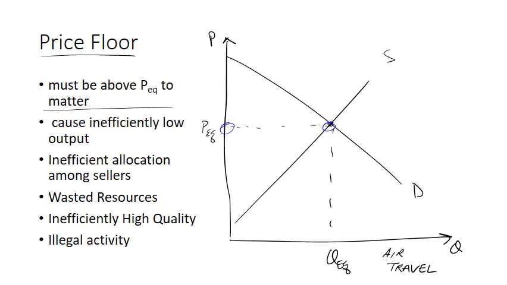We'll mark out the producer here in blue, and let's use red for the consumer. Those two triangles represent our original starting points before any floor is put into place. Once we put a floor into place, we now have a mandated minimum price. And this minimum price is, of course, going to raise the cost of air travel for consumers.